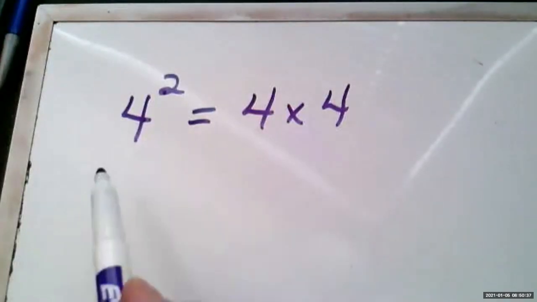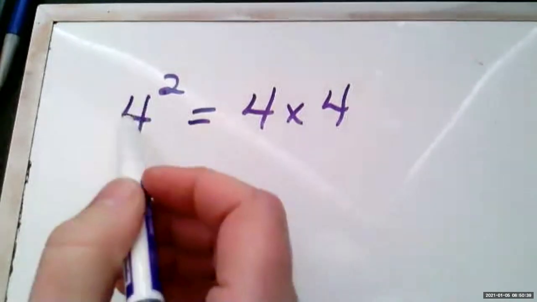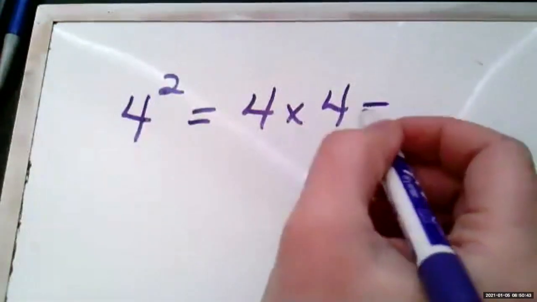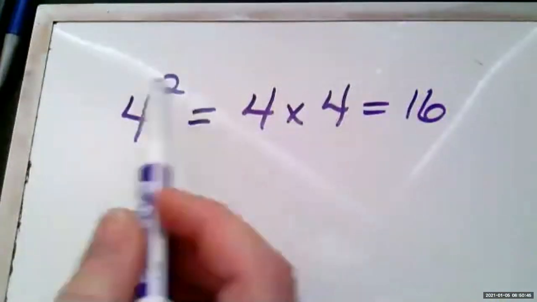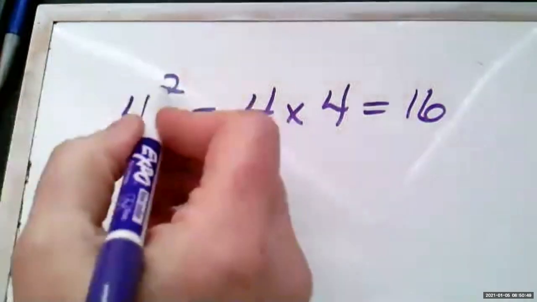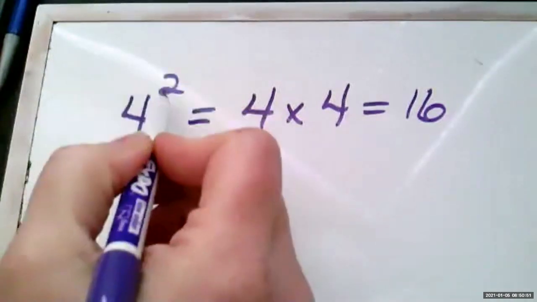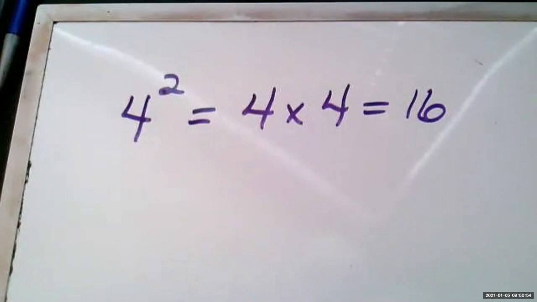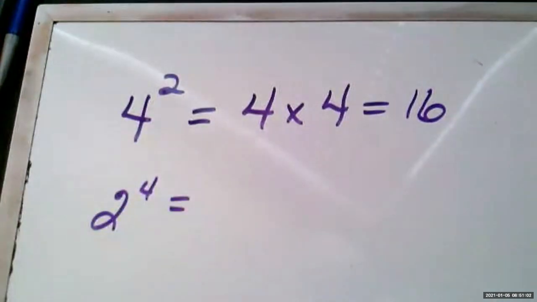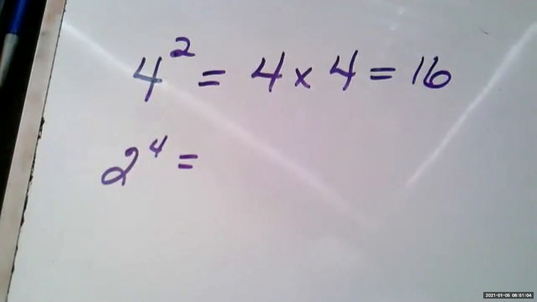This is also a numerical expression because it does tell you that you are multiplying and that you are doing something here, and it expresses a way that you're going to solve a problem. Yes, the little number, the exponent, tells you how many times to multiply the base number. Now, if I were to flip this around and say 2 to the 4th power, then what do you have?